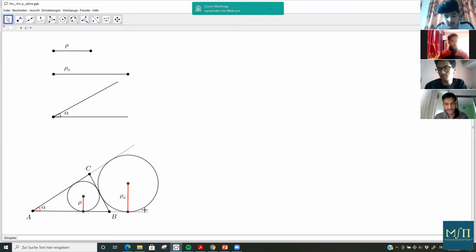And we also have the angle alpha, which is the angle that is opposite the side to which the excircle is tangent. Now, of course, we could also find a variation of this problem if we are given the inradius, an exradius, and one of the other two angles.